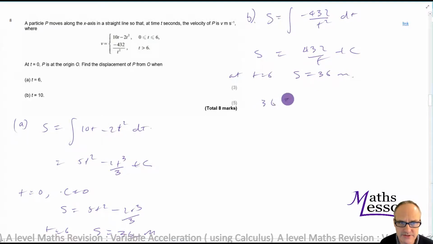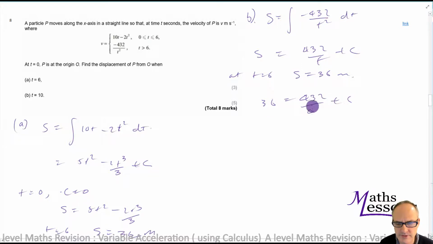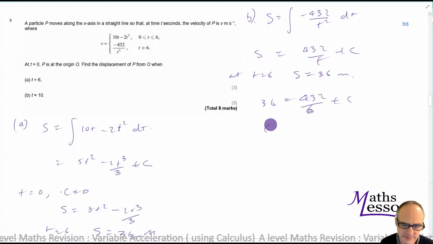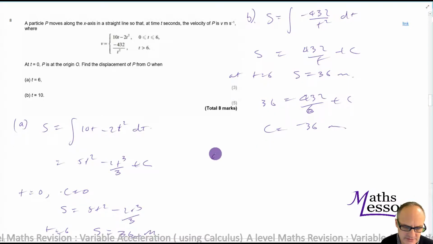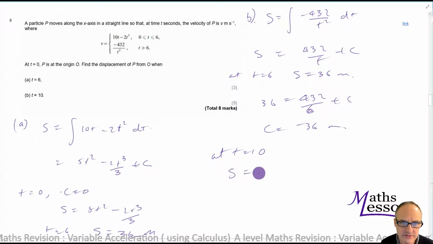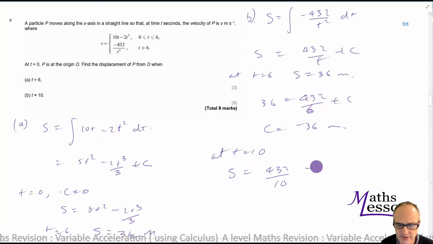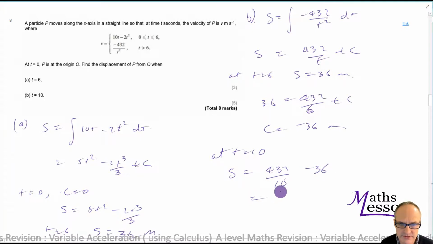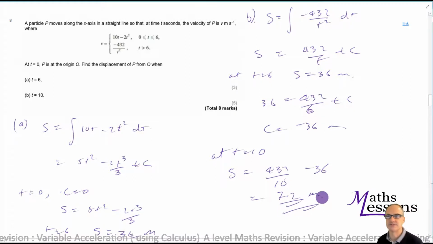So we put 36 equals 432 over 6 plus c, and we get c as minus 36 meters. So at t equals 10, s will equal 432 over 10 minus 36, which gives us 7.2 meters.